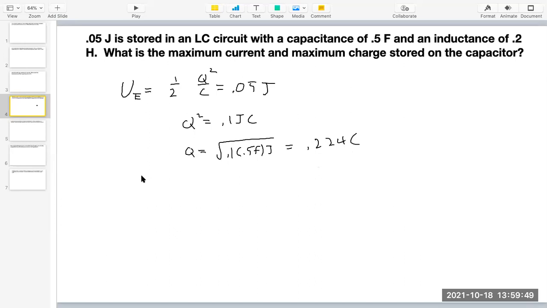And for the inductance, the current is maximized. So solving for I, we need to multiply both sides by 2, divide both sides by the inductance, and square root both sides.